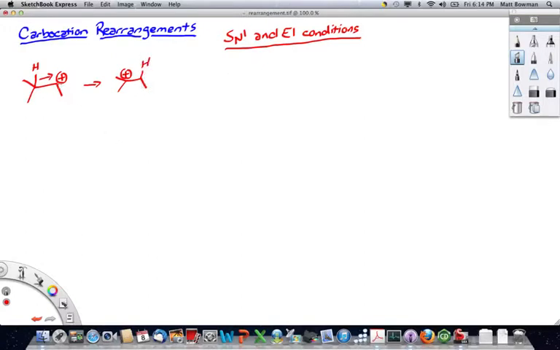Where there was once one hydrogen, now there's two. Secondary C+, tertiary C+. A tertiary carbocation is much more stable than the secondary carbocation due to hyperconjugation.